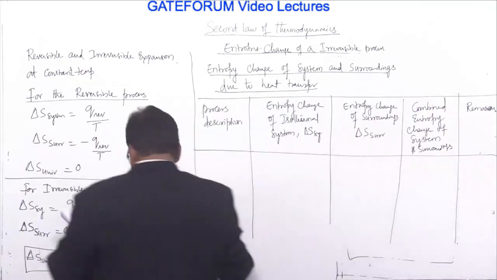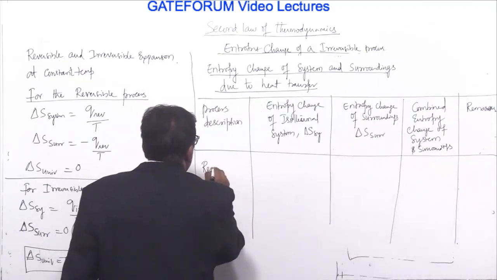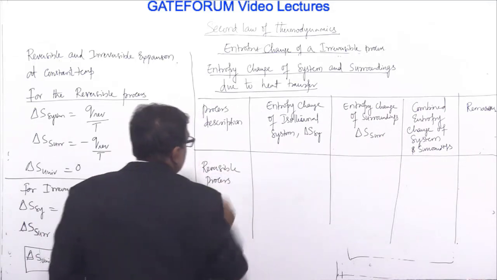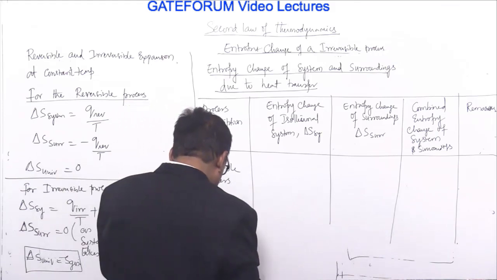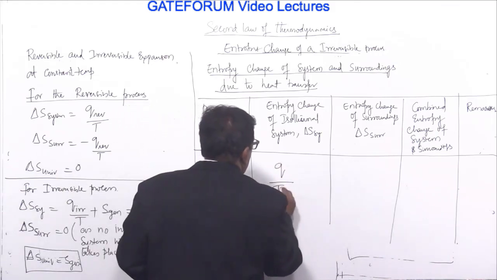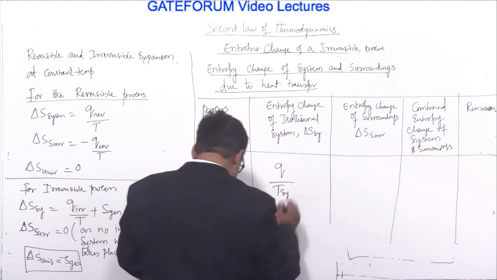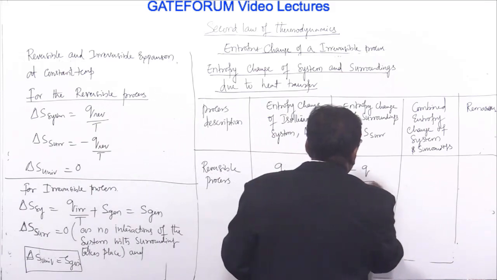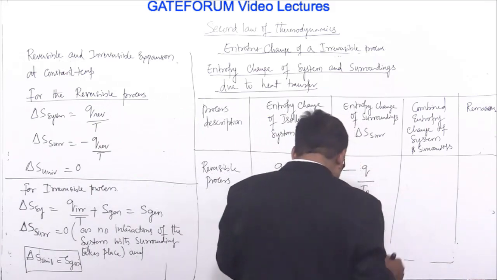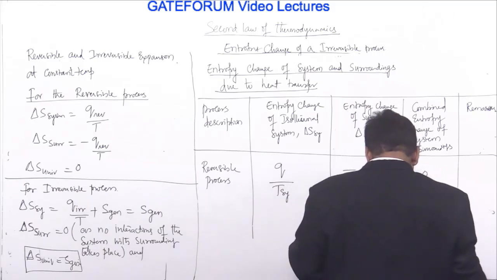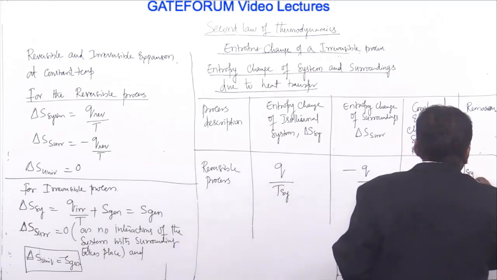So this is the consolidated one we have discussed so far. Process description, there are only two things. Reversible process, entropy change of isothermal system: as we have written, Q by T system, entropy change of the surroundings minus Q by TR, and 0 because there is no interaction.